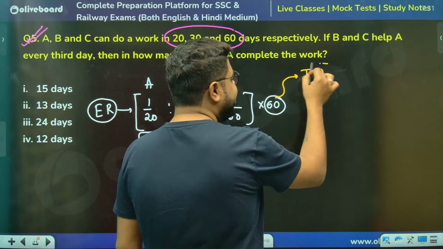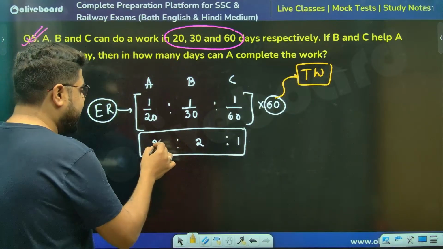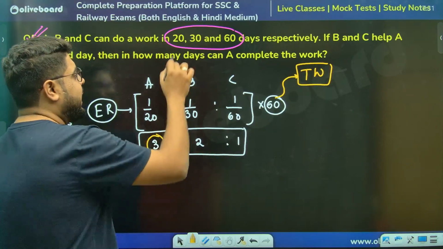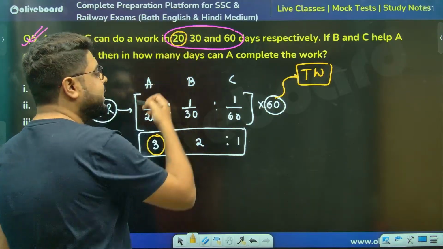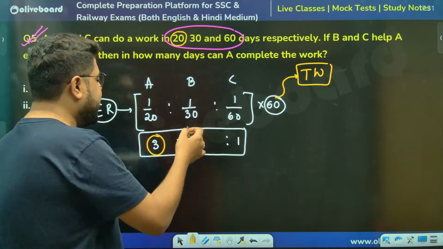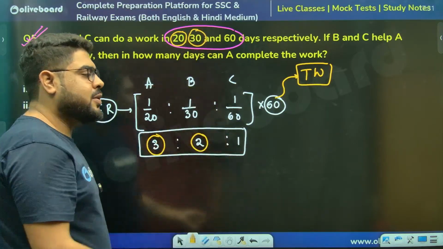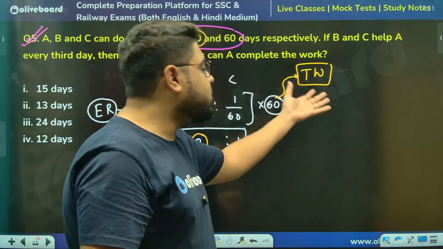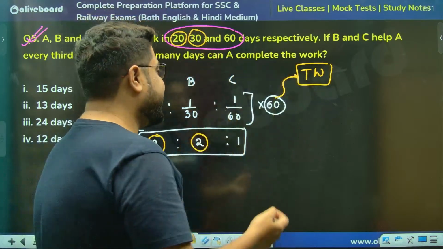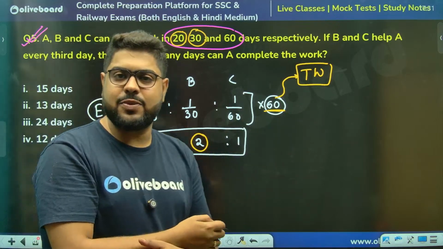Or you can also say A does 3 units and completes the work in 20 days, so total work will be 3 into 20, 60. Or B does 2 units every day, completes in 30 days, 2 into 30, 60. Or C, 1 into 60, 60. So the total work will be 60.